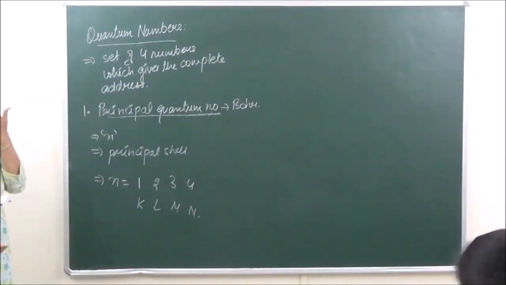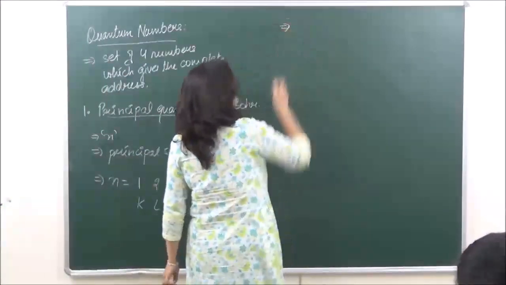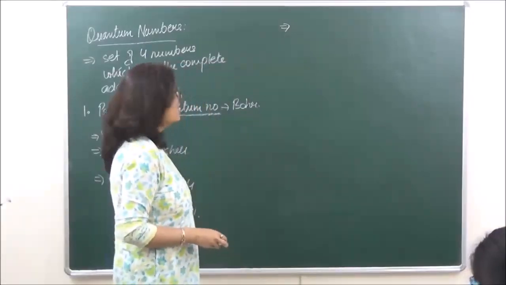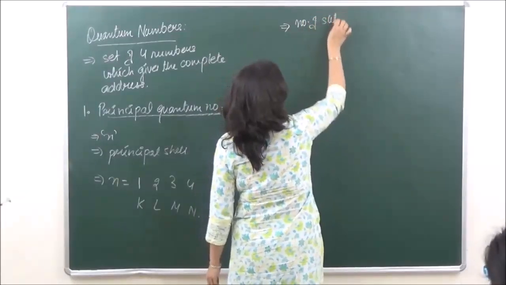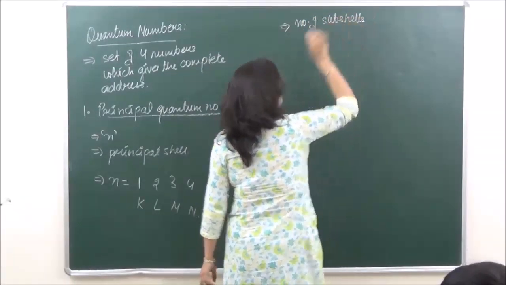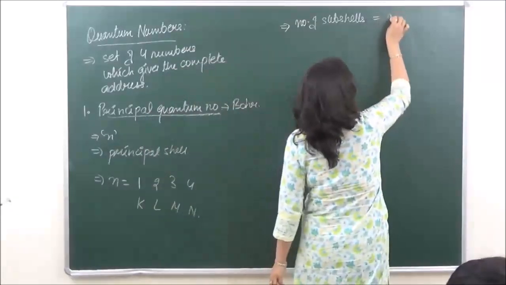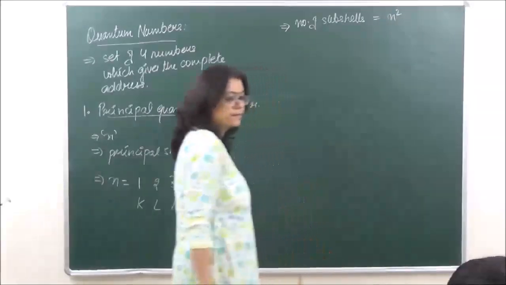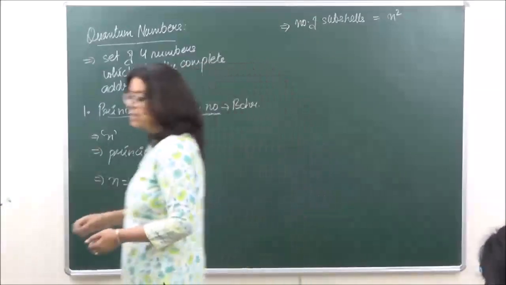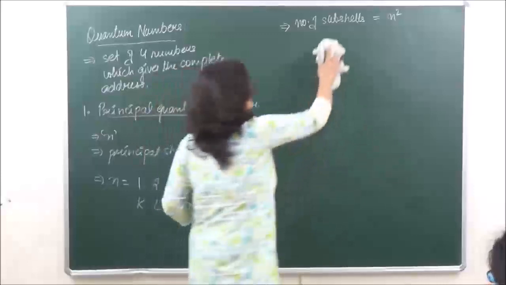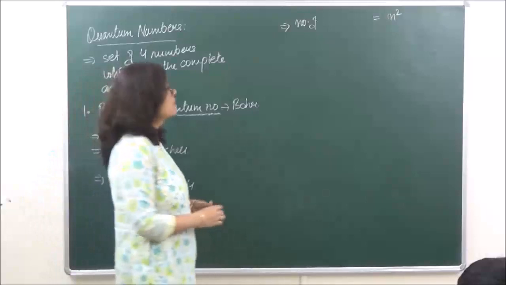Now from this principal quantum number, which other values can be calculated? The first one is the number of orbitals present, which is given by n square. Don't write subshells, write the number of orbitals present.